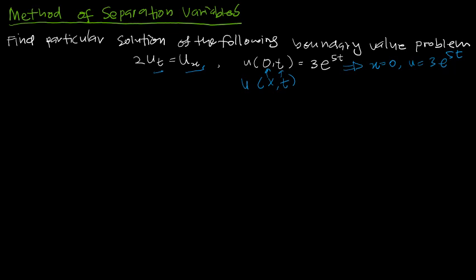It is not easy to solve the PDE problem, but in this video I will show the technique of separation of variables to solve it by turning a partial differential equation into two standard ordinary differential equations.